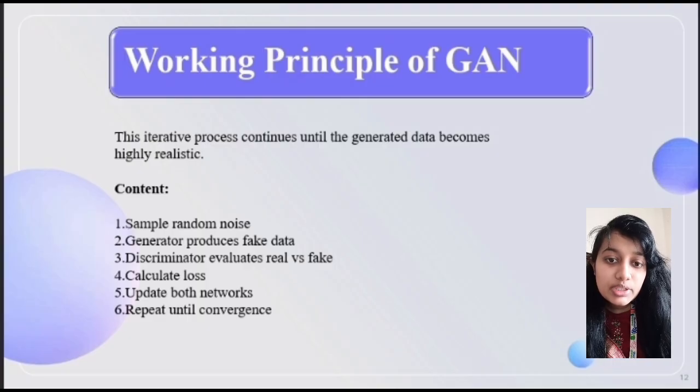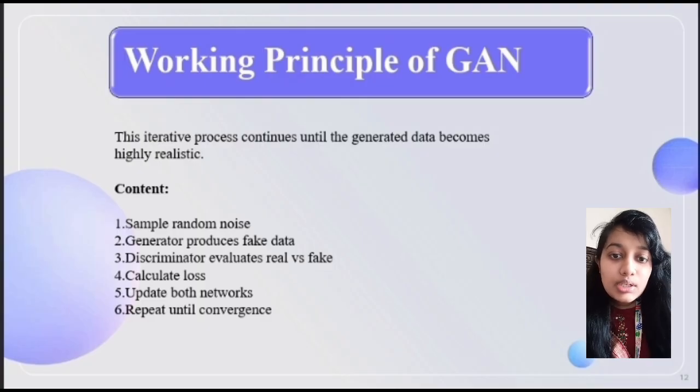By calculating the error, both parts improve. The generator and the discriminator work repeatedly for quite a time. In the end, the fake data looks real, and that's how the GAN works.